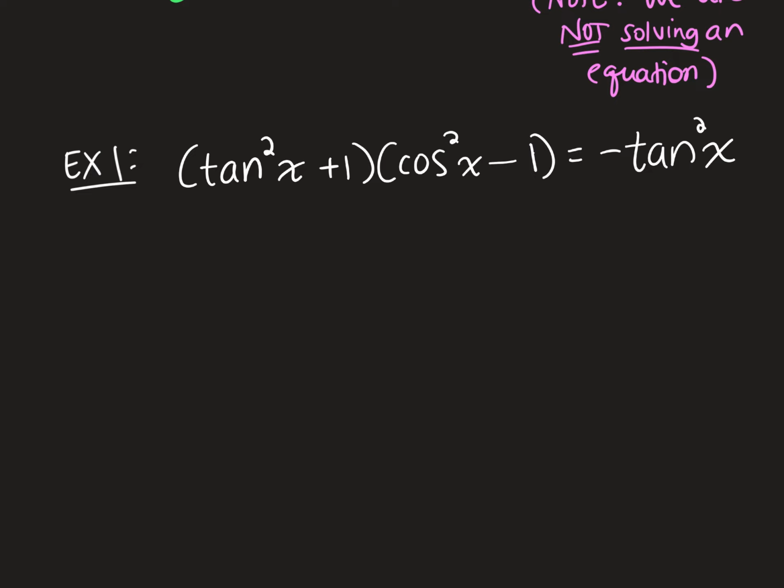Now, we need to be careful with cosine squared minus 1, because that's not exactly what we see. Maybe you're able to figure out a way to rewrite it using just a Pythagorean identity and get it down to one term right away. But here's my suggestion. Until we're more comfortable with that, and some of you might be, and that's fine, we can take this cosine squared and change it into something using our Pythagorean identity.